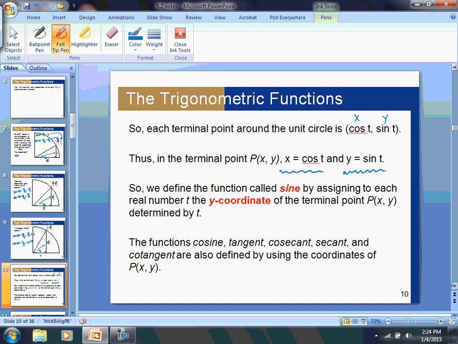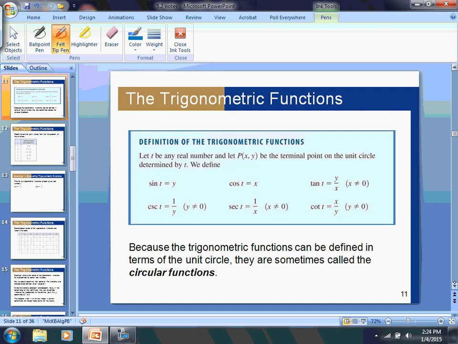And here's how. Okay, sine is going to be all of the y values. Cosine is going to be all the x values in the ordered pair in that terminal point. And then tangent is going to be y over x. So tangent is really sine over cosine.